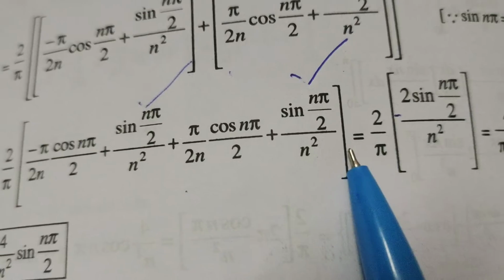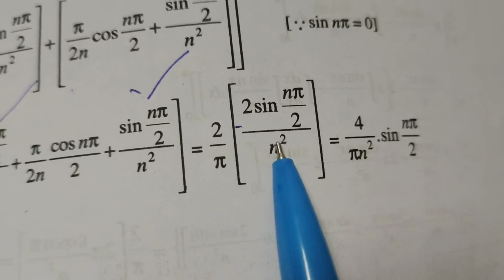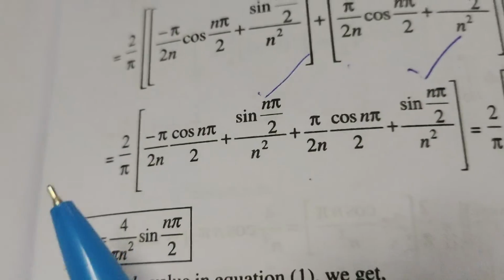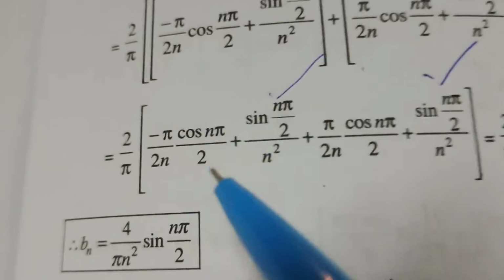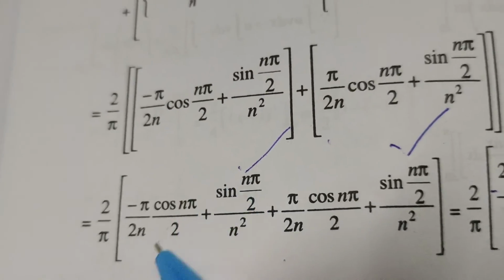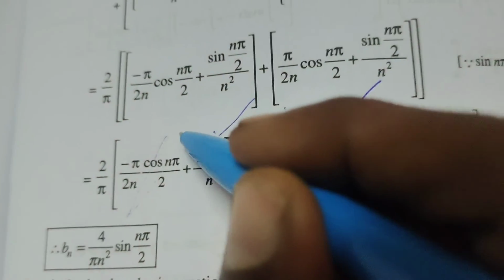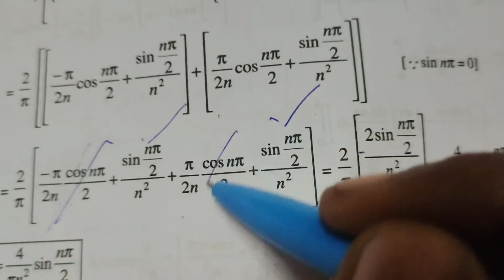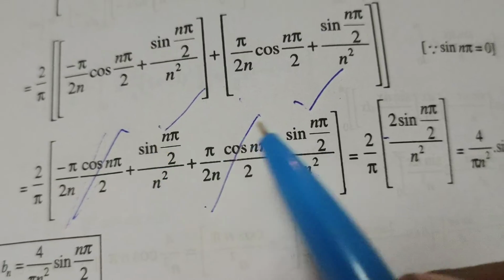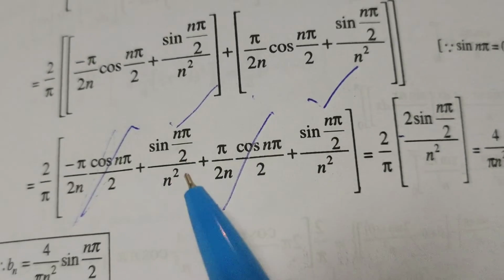Here, in these two terms, 2 sin n pi by 2 by n square, 2 by pi into, here minus pi by 2n cos n pi by 2, next plus pi by 2n cos n pi by 2 gets cancelled, only these two terms remain.